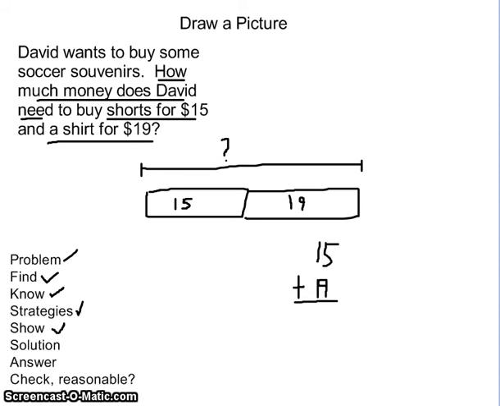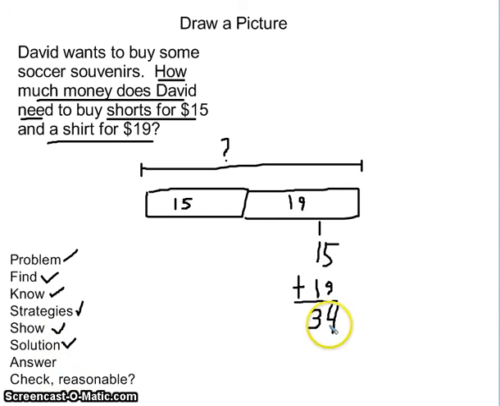That's a little messy there, so I'm going to erase that and make it just a little bit neater, so you can see the difference between my 1 and my 9. There we go. 15 and 19. And I add up 5 plus 9, I get 14. Regroup. Carry that 1 over. 1 plus 1 plus 1 is 3. I have an answer of 34.